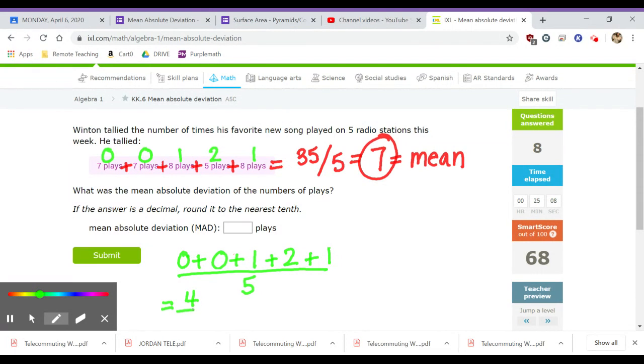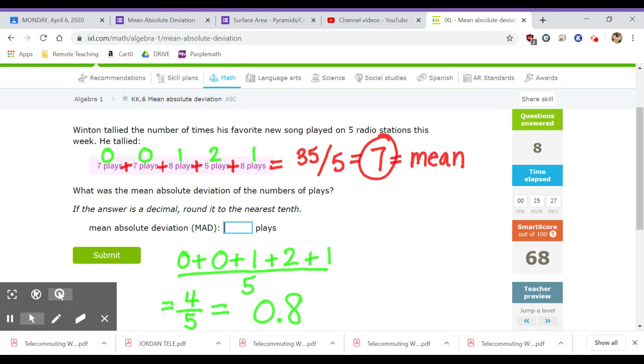So that's going to be 4 divided by 5. So 4 divided by 5 is going to just be 0.8.